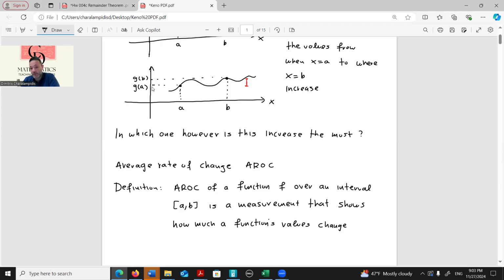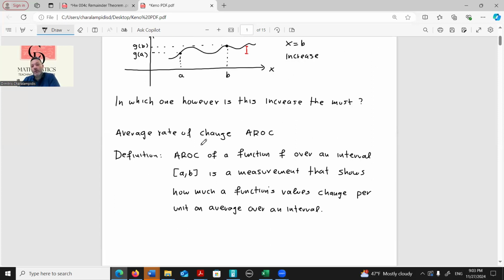So how much a function's values change per unit on average over an interval. That's exactly the interpretation of the average rate of change.